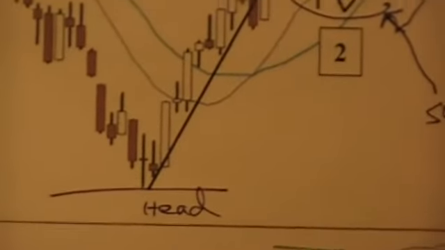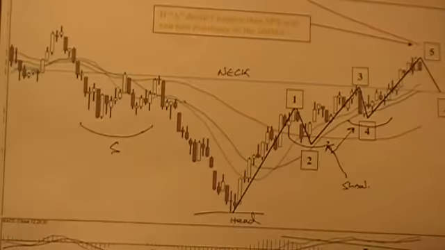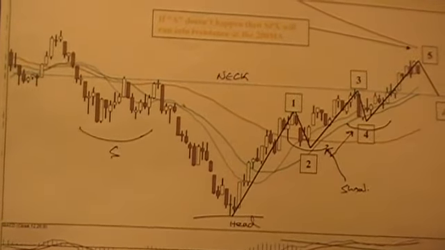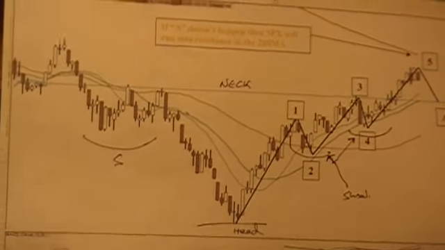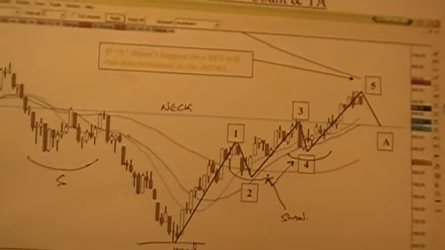This is the March low. Zoom out a little bit. That's what it looks like. It fell and made a V-shaped bottom. Right now we're right there.